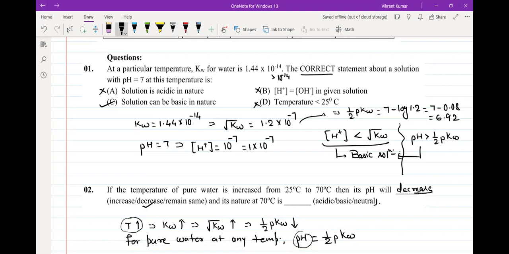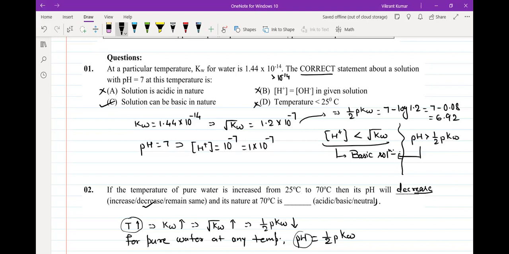What about the nature of the solution if pH is decreasing? At 25 degrees C the pH was 7. Now pH has decreased. What will become the nature of this pure water? Sir, here it is asked with respect to 70 degrees Celsius, so it should be neutral. Why neutral? Because we are measuring at 70 degrees Celsius itself.